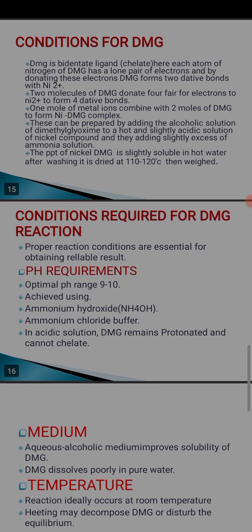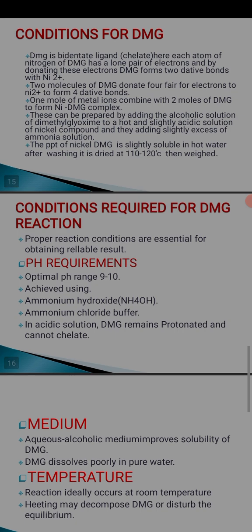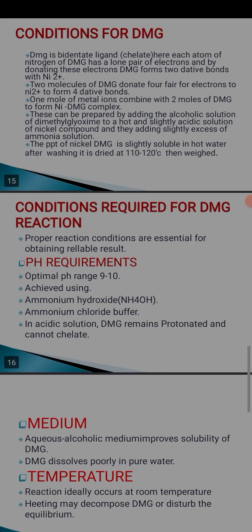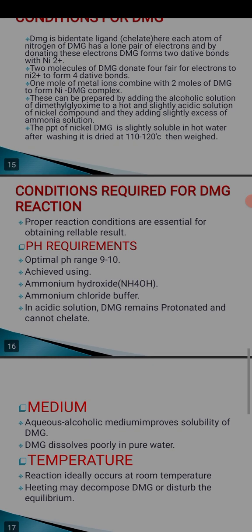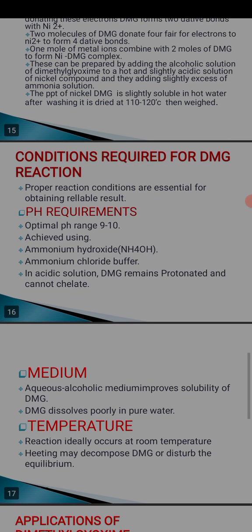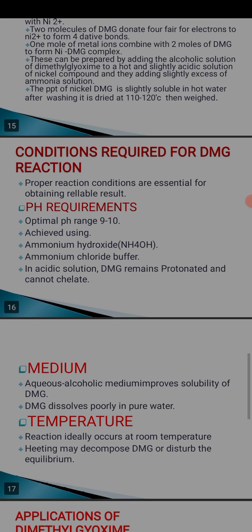Two molecules of DMG donate four pairs of electrons to the nickel ion to form four dative bonds. One mole of metal ion combines with two moles of DMG to form the nickel DMG complex.